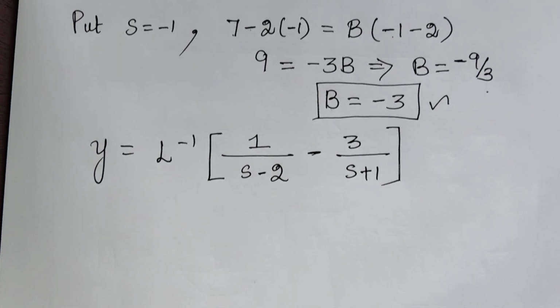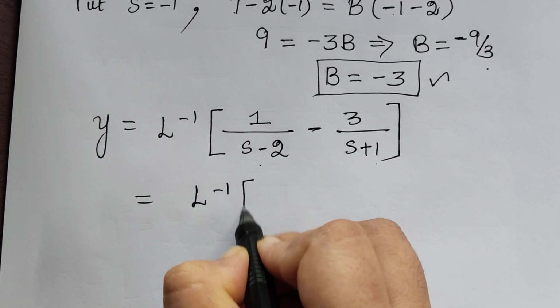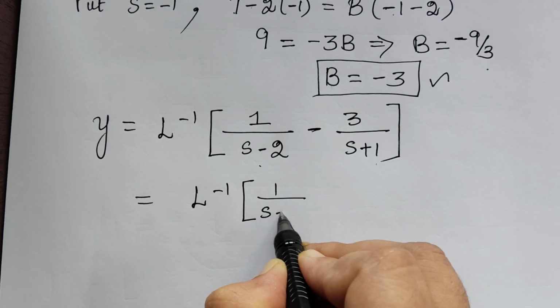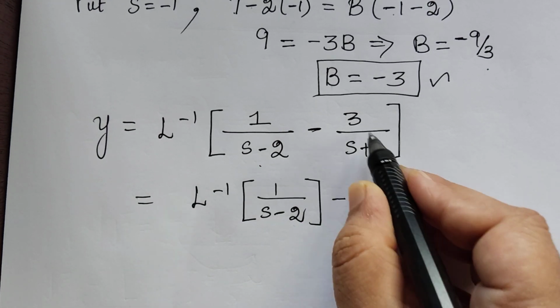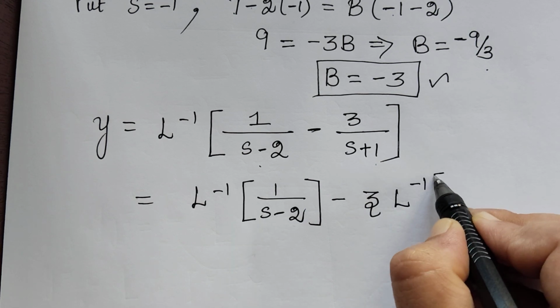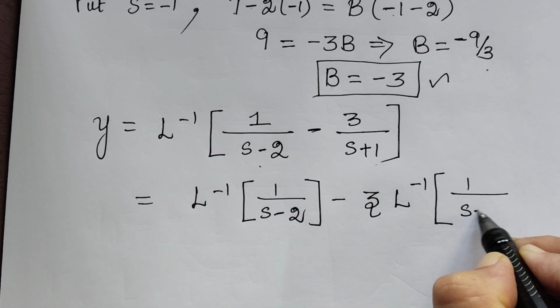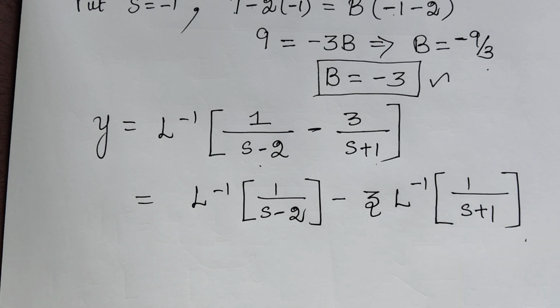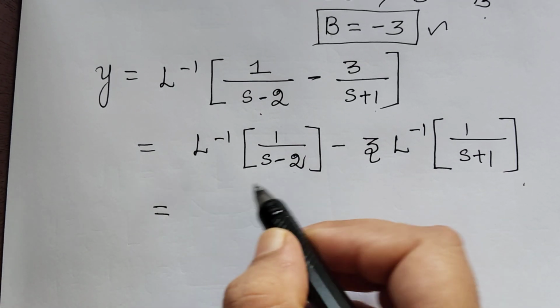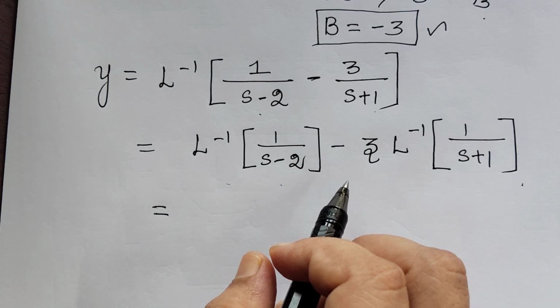Now we have to find the Laplace transform of each of the terms separately. So therefore Laplace inverse of 1 by s minus 2, minus 3, which is a constant that can be taken out, multiplied with the Laplace inverse transform of 1 divided by s plus 1. So next step will be, now we have to apply the Laplace inverse transform formulas over here.